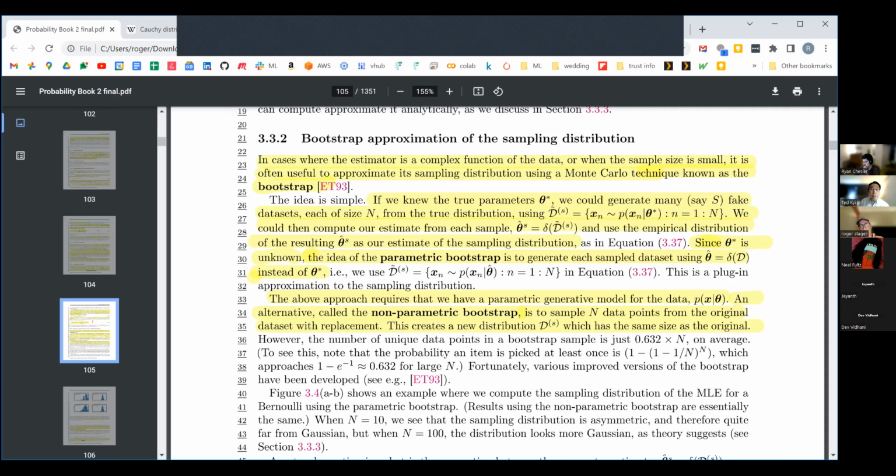Well, I think with his notation, you see that D superscript S. So that's where I'm saying S is like 100. You're doing 100 coin flips or whatever. But then to the right of that, he's got N equals 1 to big capital N, and that would be how many trials you did of 100 coin flips.